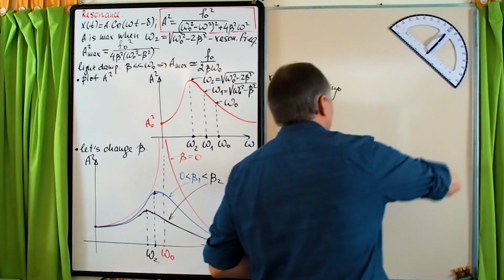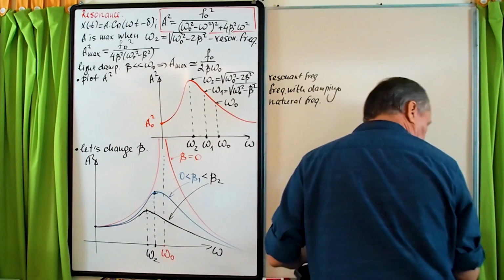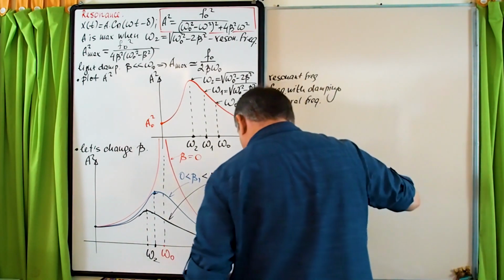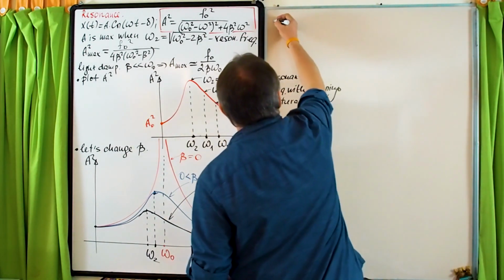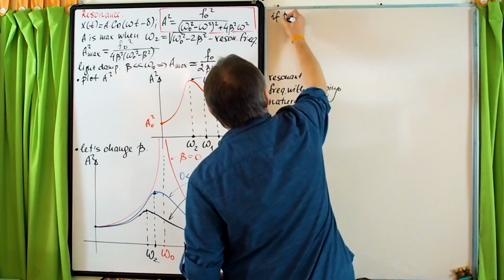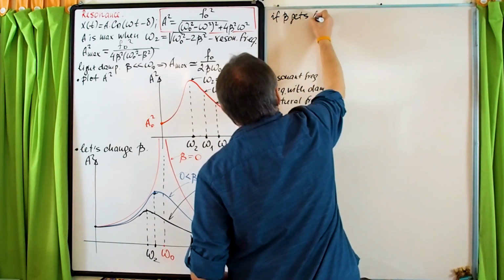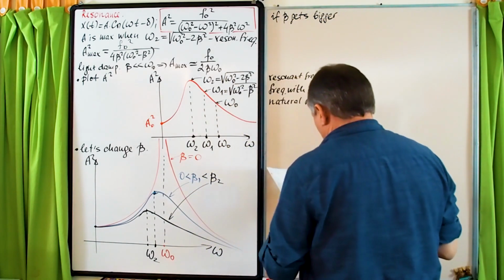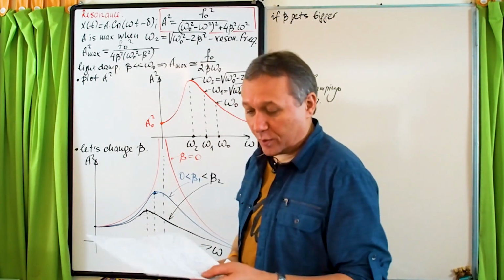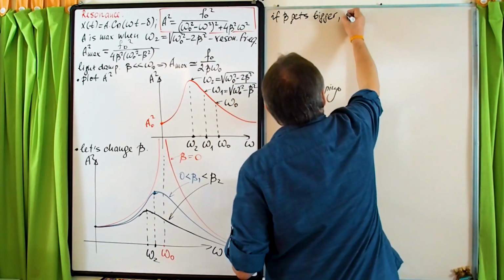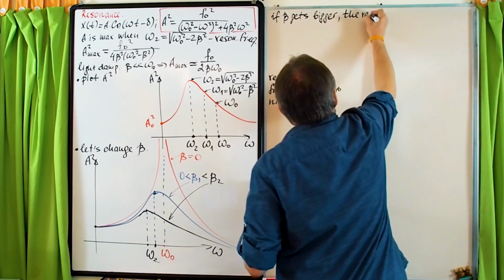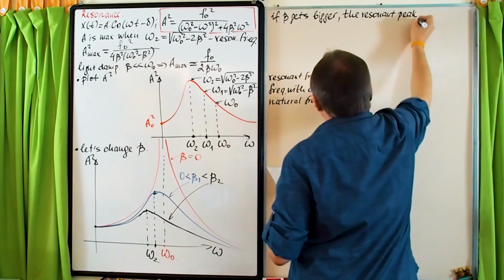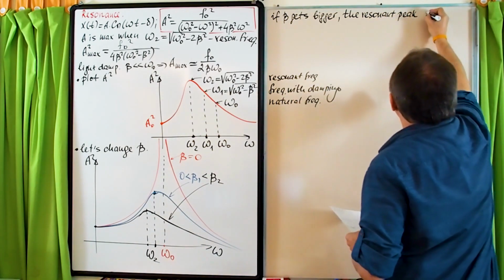Probably I will write it here. So if beta gets bigger, the resonant peak gets smaller and wider.